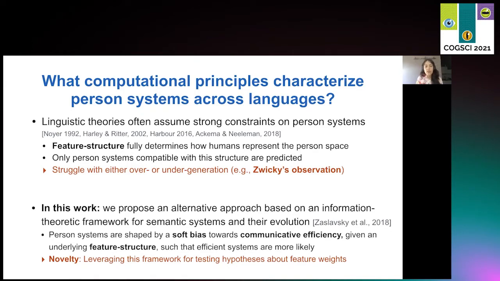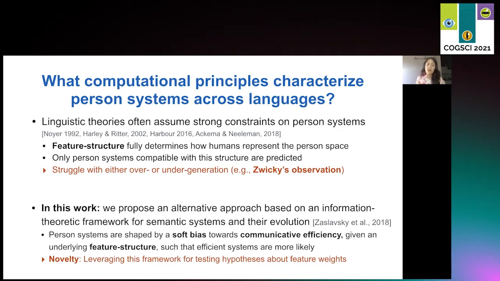So under this approach, the idea is that person systems are shaped by a soft bias towards communicative efficiency, given an underlying feature structure. And it does so in such a way that efficient systems are more likely than those that are not efficient.